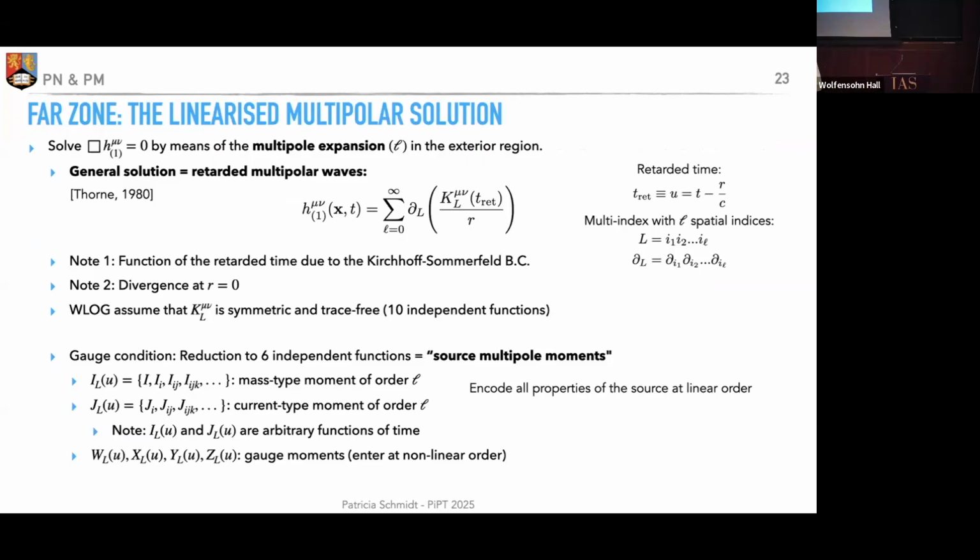So you need to find a map eventually to relate them back to your I's and your J's, which are the ones we are familiar with. And in each order, there should be new gauge moments? No, these are the full set, because you have 4 gauge functions, and that's all, so you're left with 6. That's right. And then you can reduce these remaining ones down, and you're only left with the 2, the mass and the current type ones, and the other ones are gone in the right gauge.